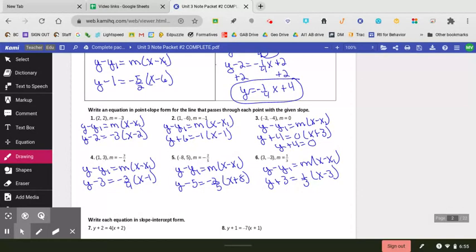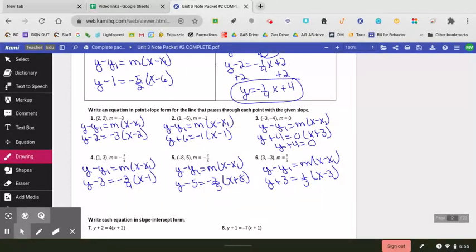So it was y plus 4 equals 0 (x plus 3). I did simplify that and say y plus 4 equals 0, because 0 times anything is 0. Number 4 gave me y minus 3 equals negative 3/4 (x minus 1). Number 5 is y minus 5 equals negative 2/5 (x plus 8). And number 6 is y plus 3 equals 1/3 (x minus 3).